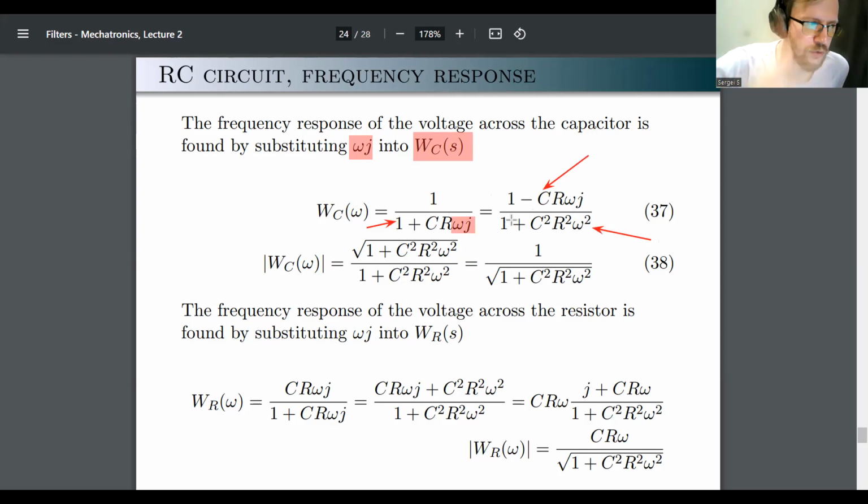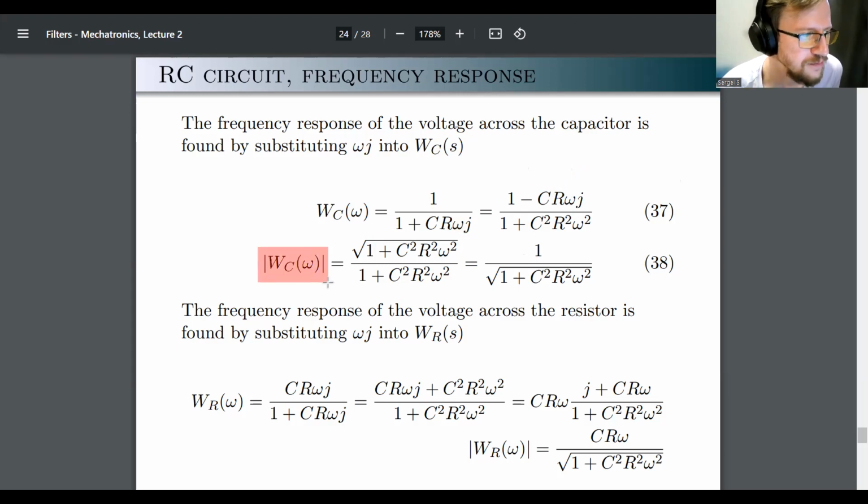So we multiply numerator and the denominator, right? So we multiply both sides of the fraction. And that's what we get. Now, after we've done that, we can find absolute value of this guy.